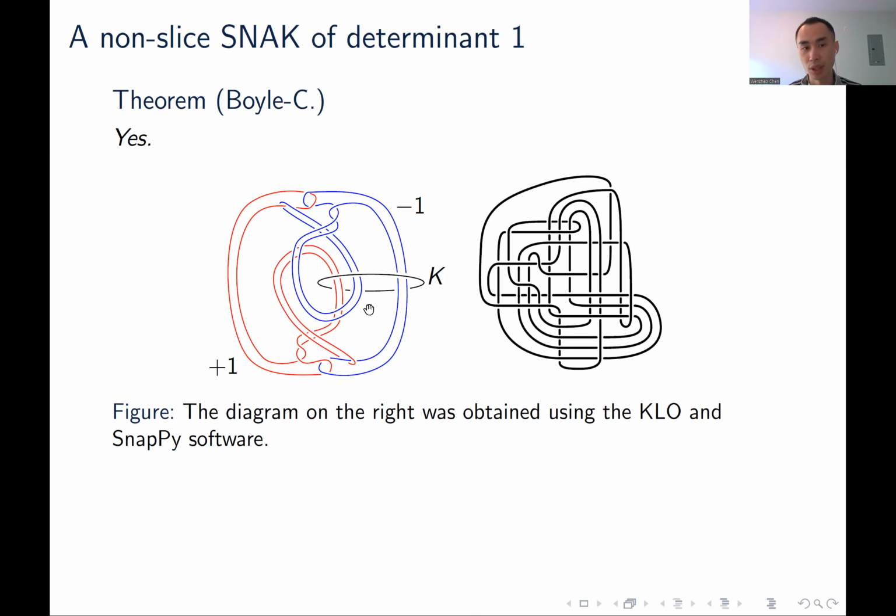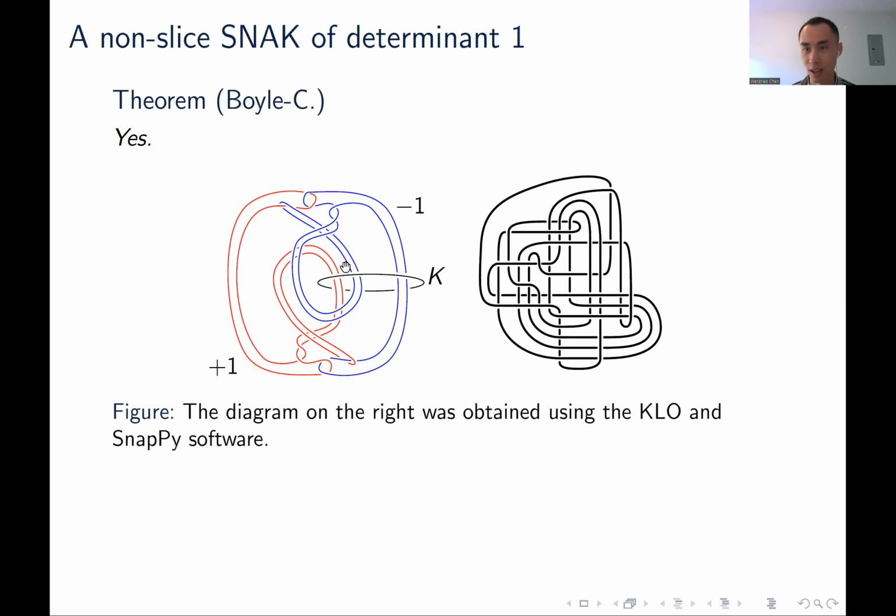You can use that surgery representation to compute the half-Alexander module or half-Alexander polynomial of the knot. And you can basically just change the crossing information of the surgery link here to obtain any type of half-Conway polynomial you want.